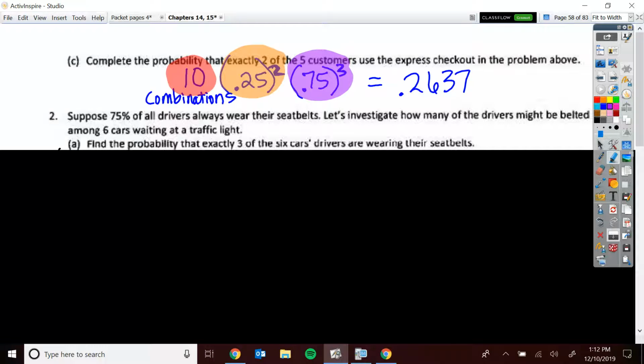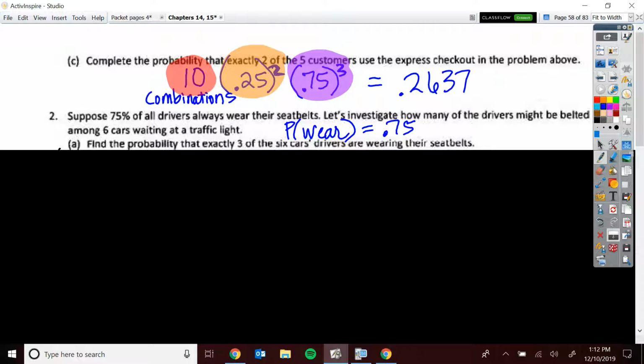Now we have a new situation. Suppose 75% of all drivers always wear their seatbelts. Let's investigate. How many of the drivers might be seatbelted amongst 6 cars waiting at the traffic light? Find the probability that exactly 3 of those 6 cars are wearing their seatbelt. So the probability of wearing a seatbelt is 75%.